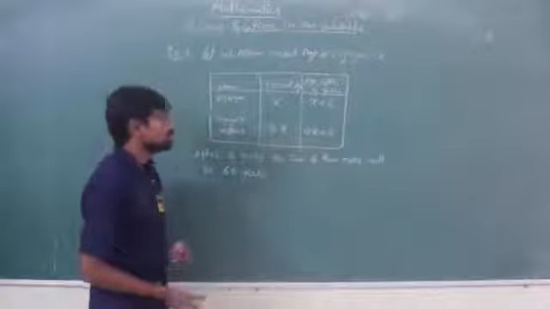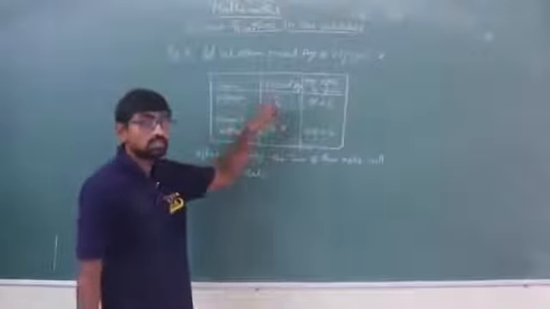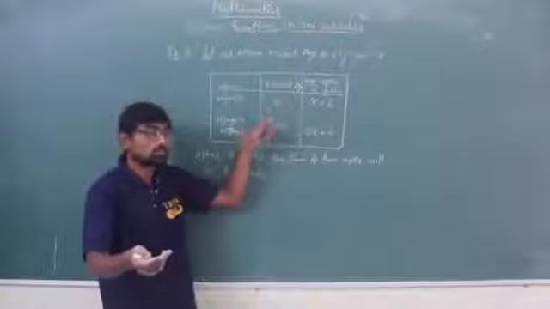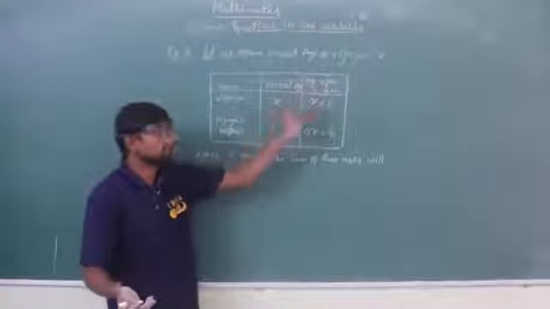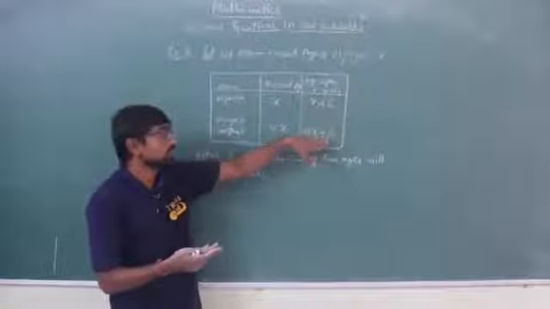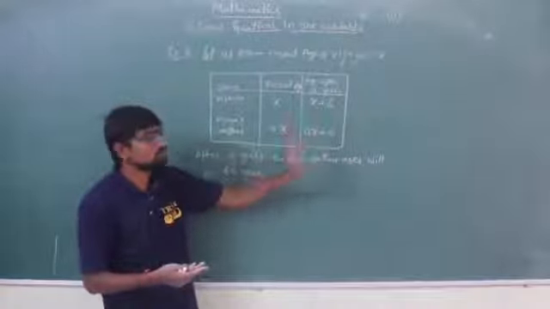Hope you all understood. Okay, present age of Vijaya is X, present age of her mother is 4 times Vijaya, so 4 into X. After 6 years their ages will be adding plus 6, isn't it? X plus 6. Here present age is 4x, 4x plus 6.